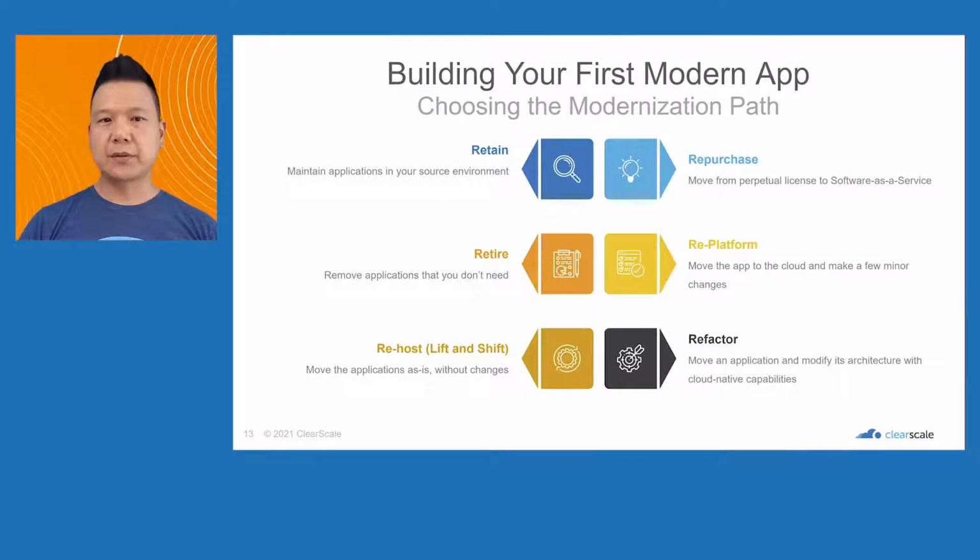So for those of you that are on the modernization path, whether it's during your migration or just the modernization effort that you're running to improve that infrastructure and application, there's some decisions to be made.